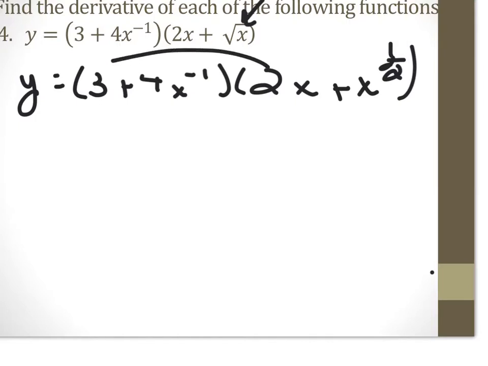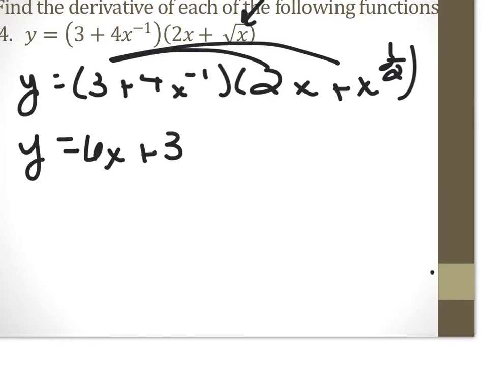We'll multiply the 3 times both first. So 3 times 2x is 6x. 3 times x to the 1/2 is 3x to the 1/2. Now we'll take this second term, 4x to the negative 1, and multiply it over. 4 times 2 is 8. X to the minus 1 times x to the first is x to the 0, which is just 1.